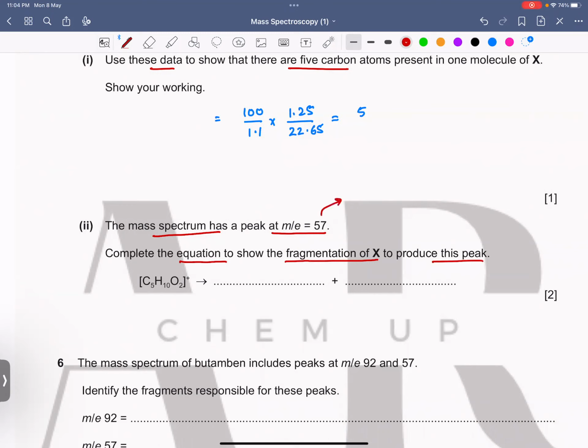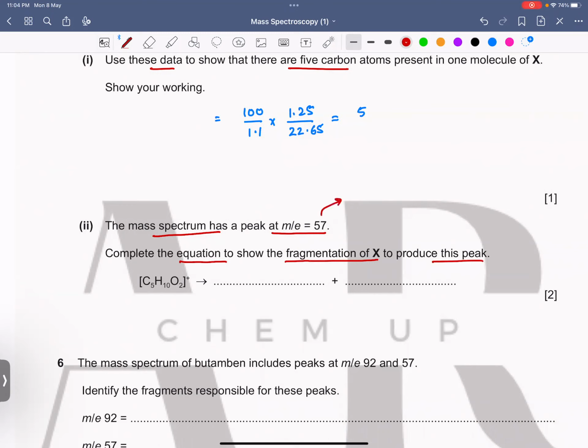So if I have 4 carbons, then what would be its mass? Sir, it could be C3H5O, 57. You are saying C3H5O: 12 times 3 is 36, plus 5, plus 16.